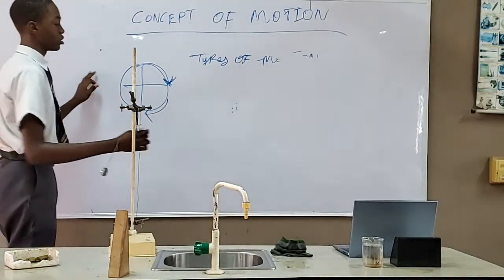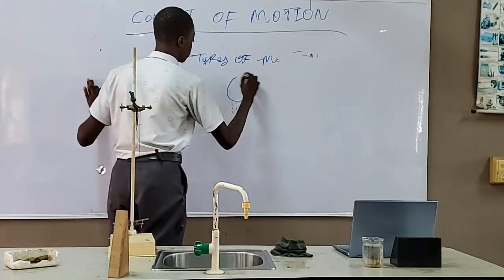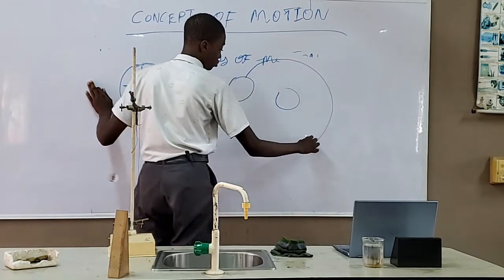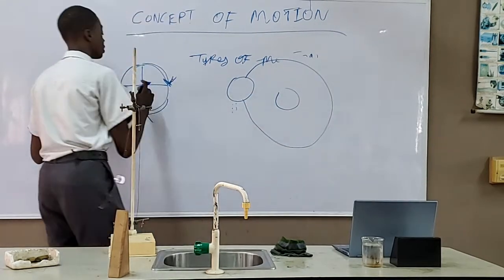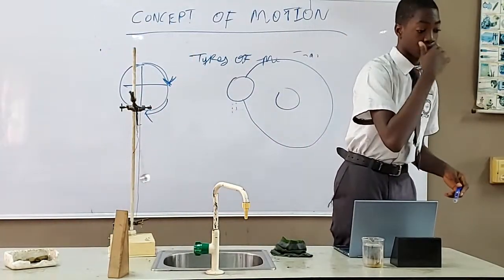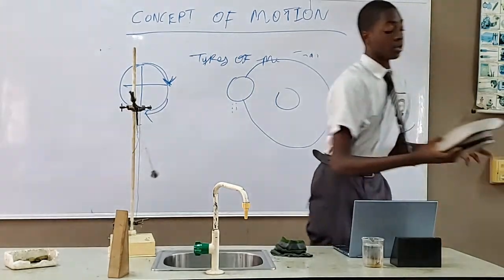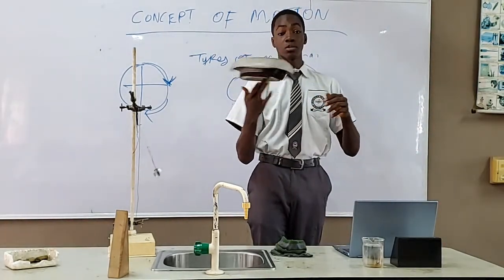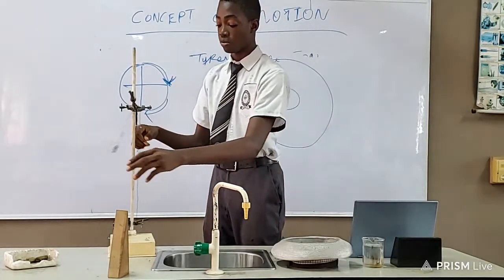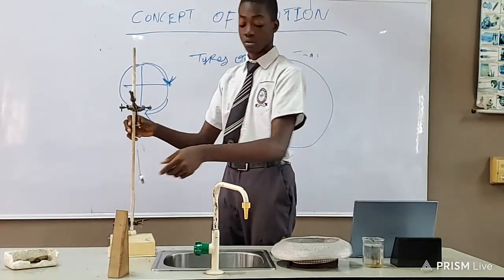An example of circular motion is the Earth around the sun, the way the Earth moves around the sun.